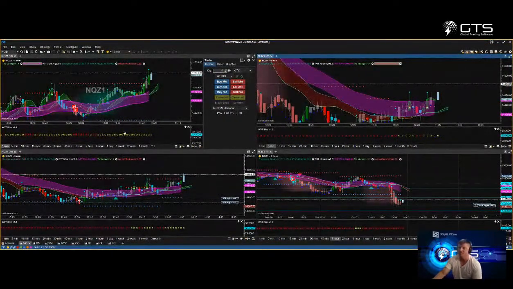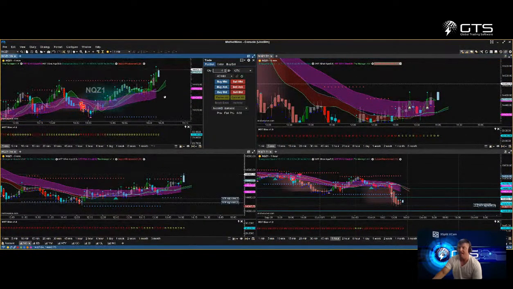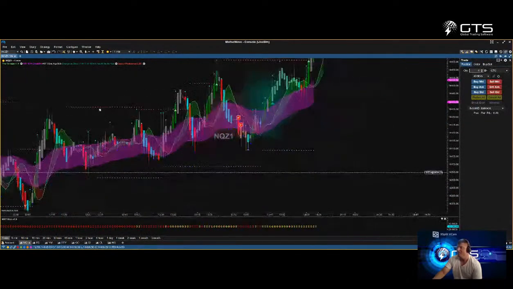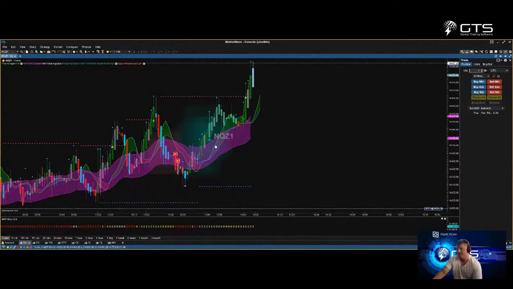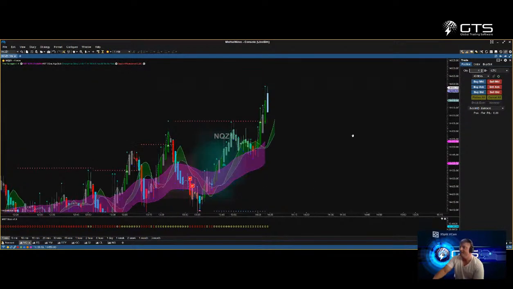I'm waiting on this to turn bullish. If we can see this turn bullish, that would be a fantastic sign. However, I want you to note the manager is still in it.